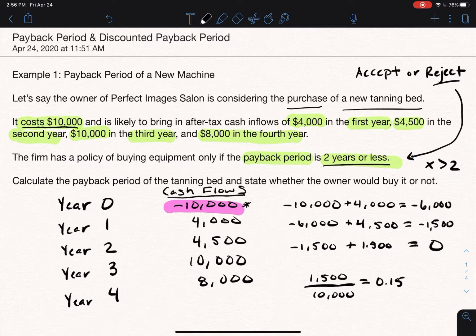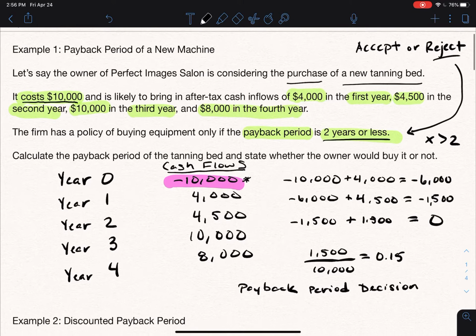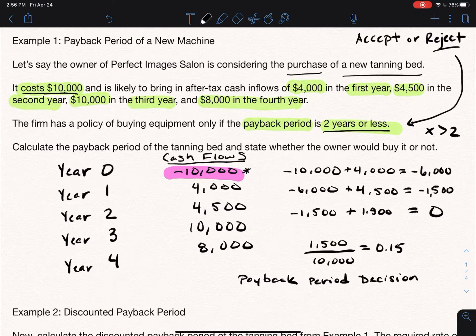And so the answer is that if I'm conducting the payback period decision, then what I've determined is that it will take 2.15 years to earn my investment back, which is greater than 2 years.